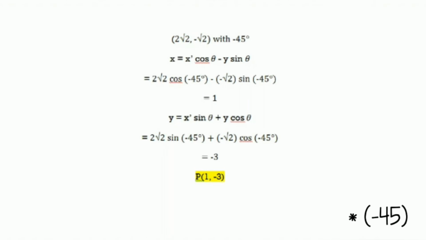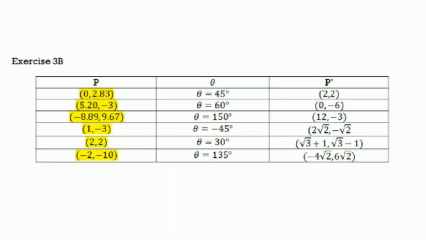Then you will get an x equal to 1. For the y, we have 2 square root of 2 sine 45 plus negative square root of 2 cosine 45. Then you will get an answer of negative 3. So the original coordinates for 2 square root of 2, negative square root of 2 is 1, negative 3. Ito naman yung answer for the exercise number 2, letter B.